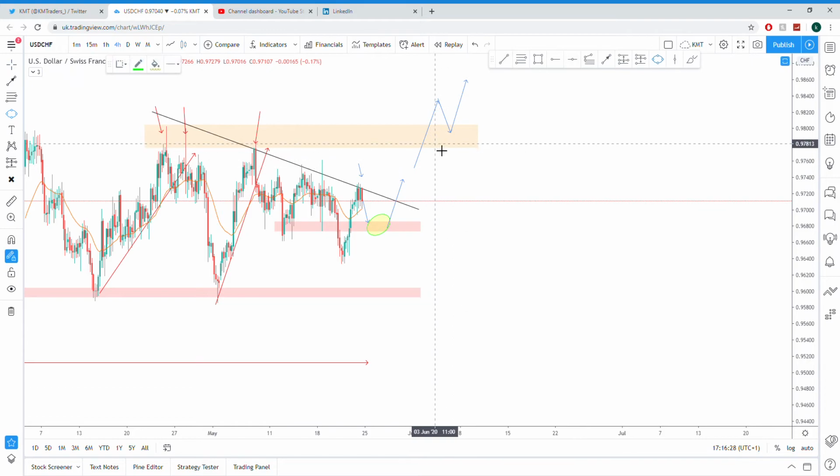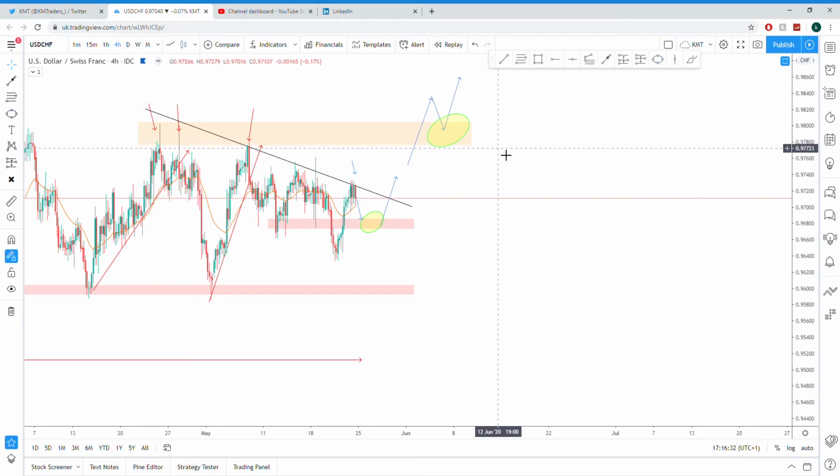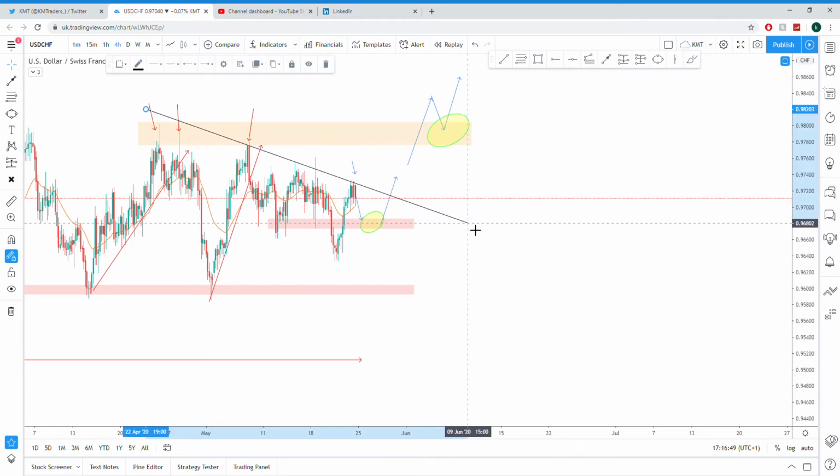So again, the entry point would be around here. It really just depends upon your own risk tolerance and your conservative style, well, your preference in trading really. So this would be more aggressive, this would be more conservative. I hope that kind of makes sense where the two entry points are that we are looking for.